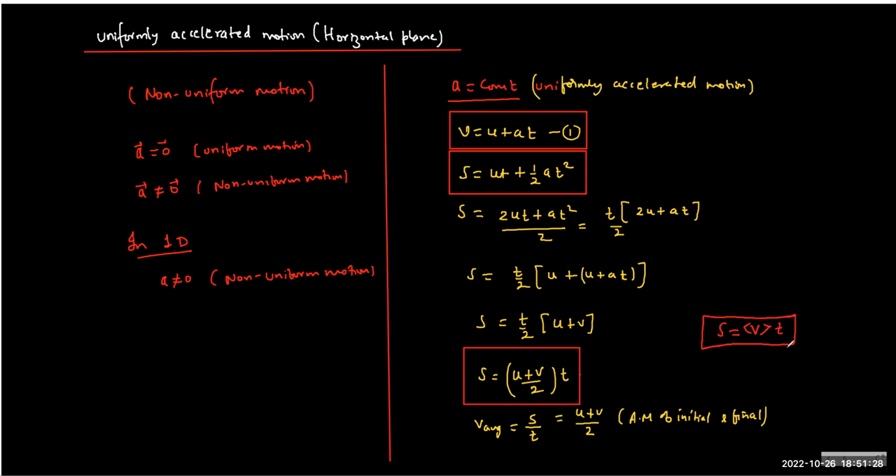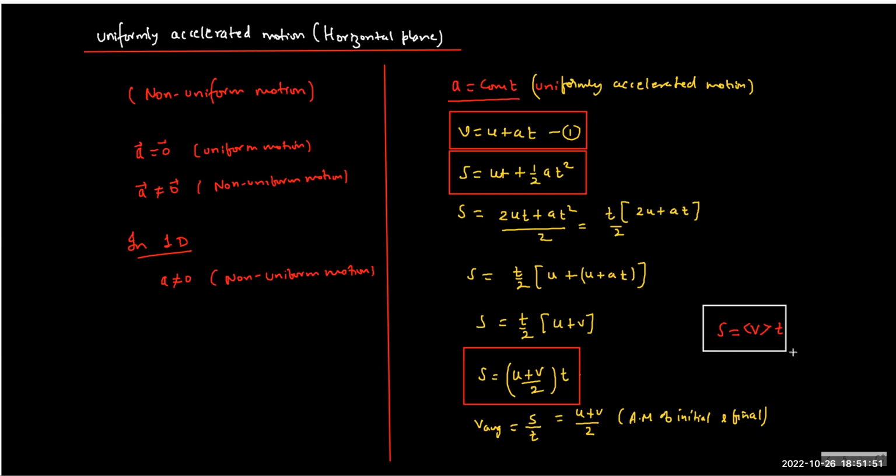So for uniformly accelerated motion, the distance is average velocity into time, not the instantaneous velocity. If you know the average, multiply by the time, you get the total displacement. That's pretty much obvious also.